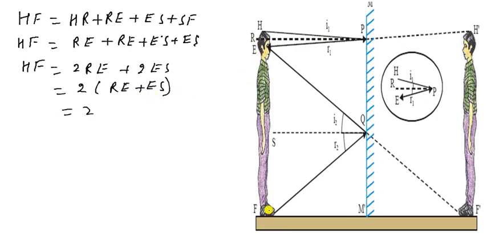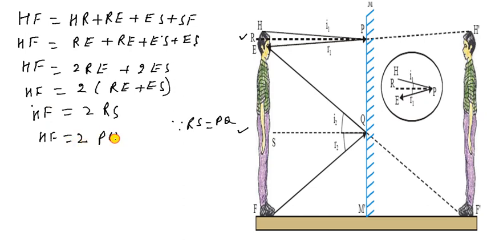Now HF is equal to 2RE plus 2ES. 2 is common, so it is 2 times RE plus ES. Now RE plus ES is RS.